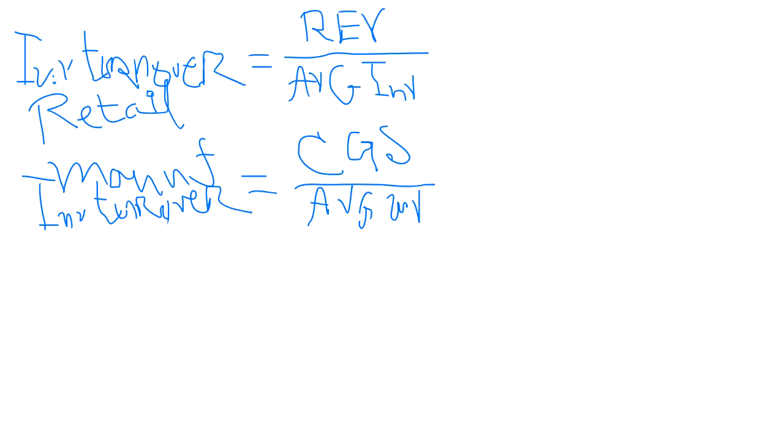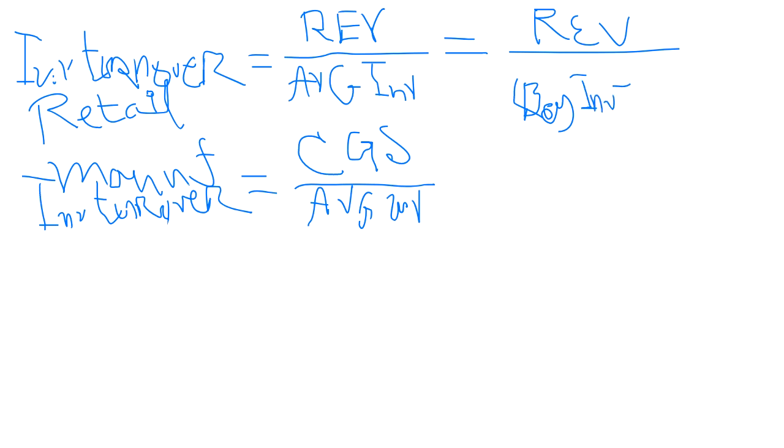And what is average inventory? Then average inventory is revenue right here. This beginning inventory, basically beginning inventory plus ending inventory divided by 2.